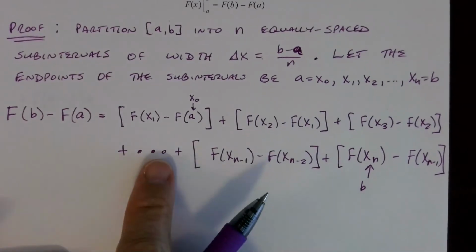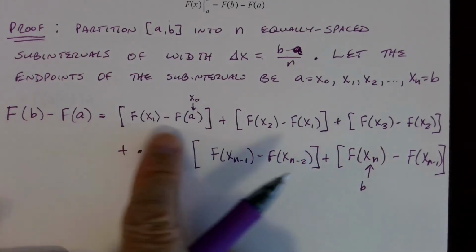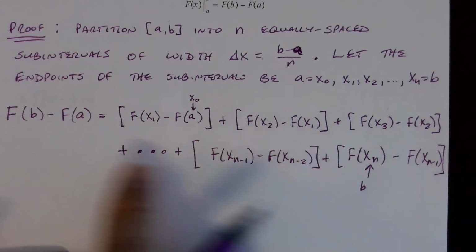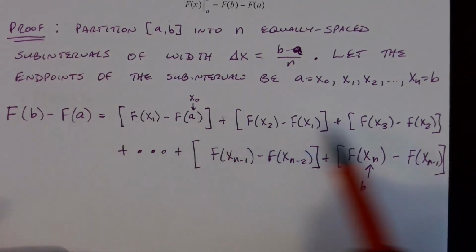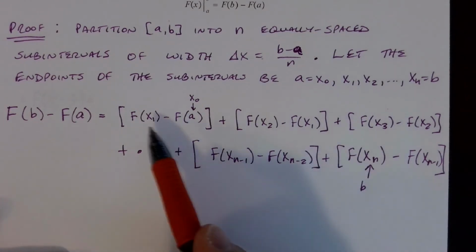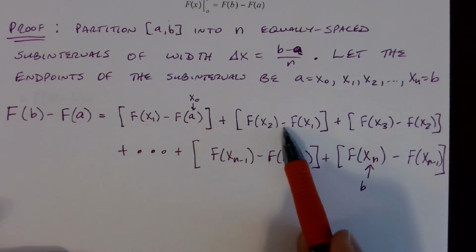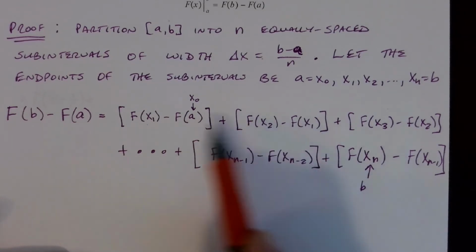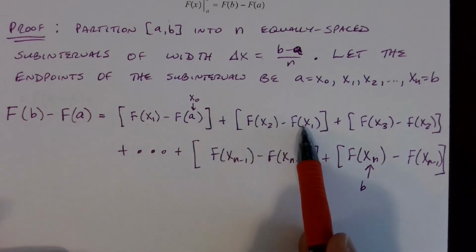Okay, so you're wondering, how am I saying this is equal? What's all this junk? What's happening here? Well, take a look at this. If you think about simplifying what I've written over here, notice this F of x sub 1 here, plus what? A negative F of x sub 1? What's going to happen to those F of x sub 1s if we combine like terms? They're going to go to 0.